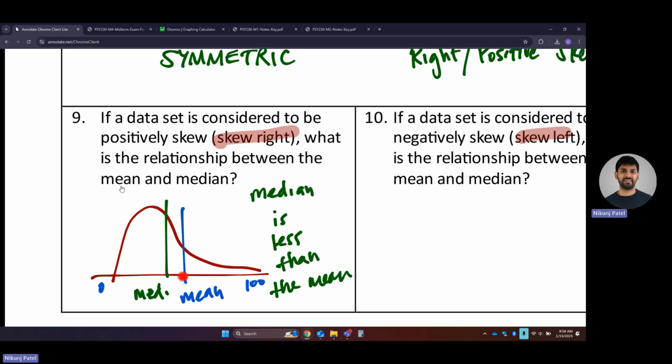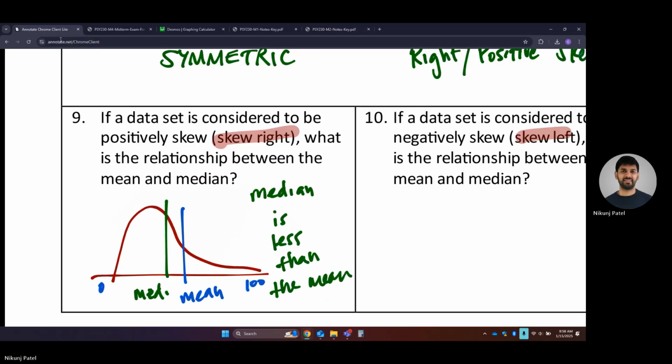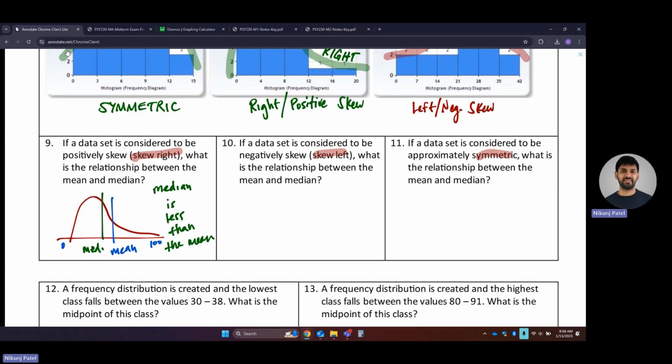The median is closer to 0, the mean is closer to 100, so the median is less than the mean. And that matches what we have right here in this picture as well from the module 2 notes. So you can also then answer numbers 10 and 11 for those respective diagrams.